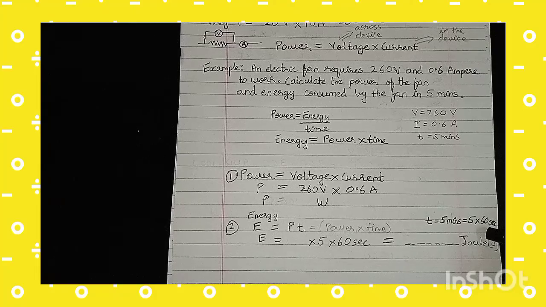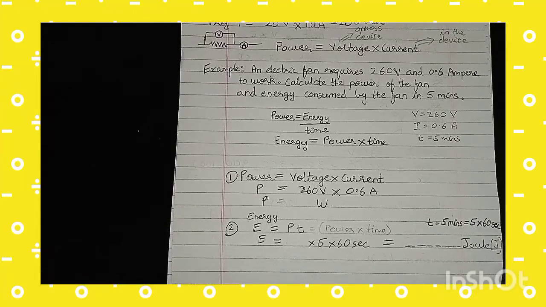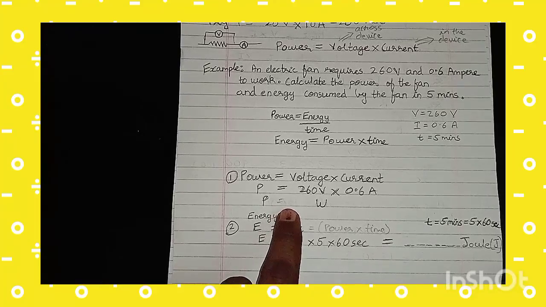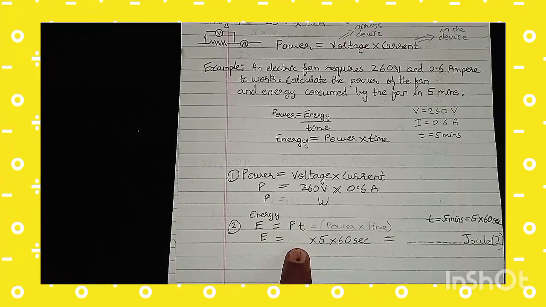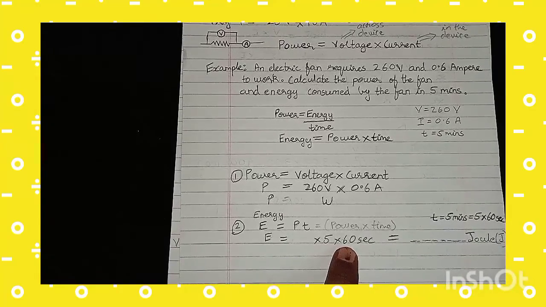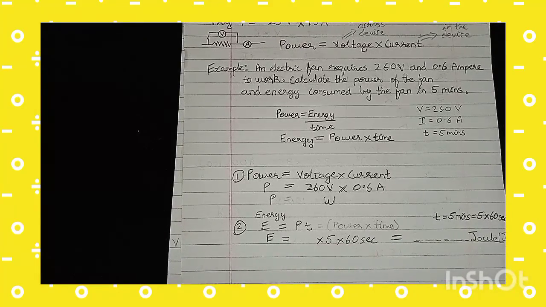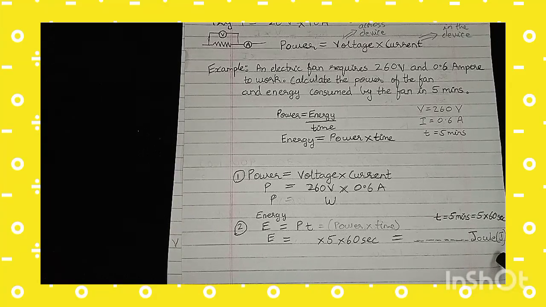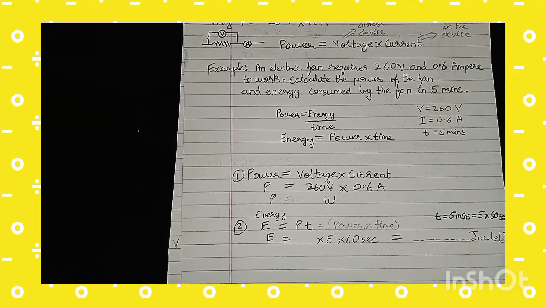So 5 minutes into 60 would give you the answer. So you need to multiply the power in watts by 5 into 60, and you will get the answer. The answer would be in joules. Okay, so in this way you can calculate the energy.